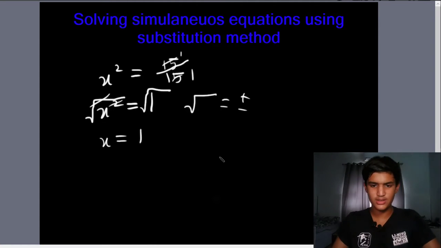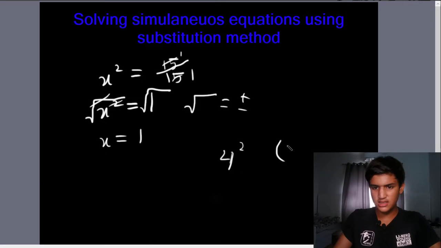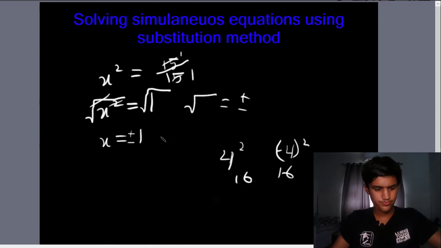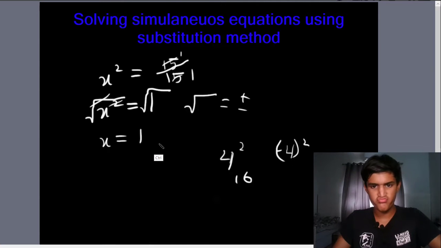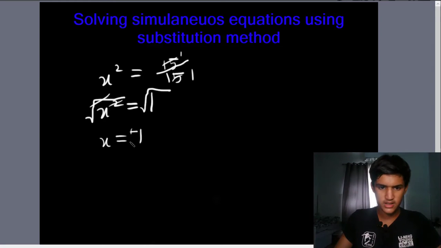You can take that as an example: 4 squared is 16, and minus 4 whole squared also has the answer of 16. That's why it's necessary to put plus minus, because the value of x could be either. So x is equal to plus minus 1.